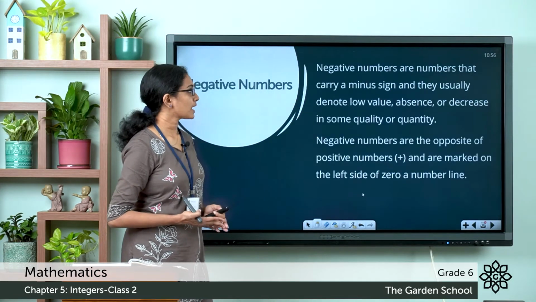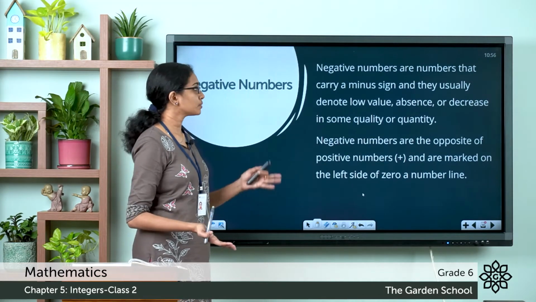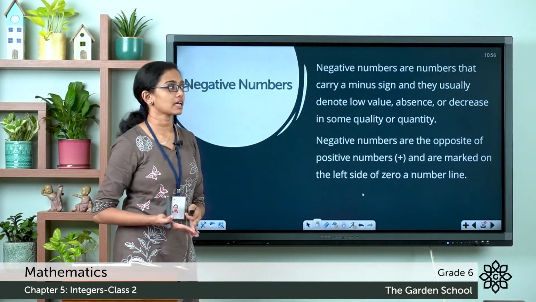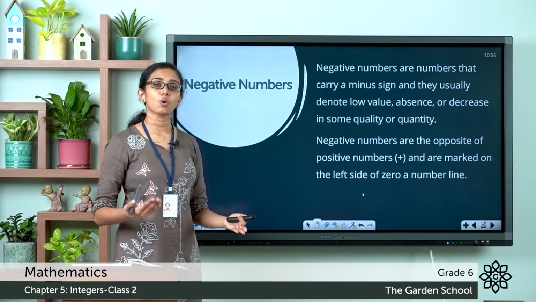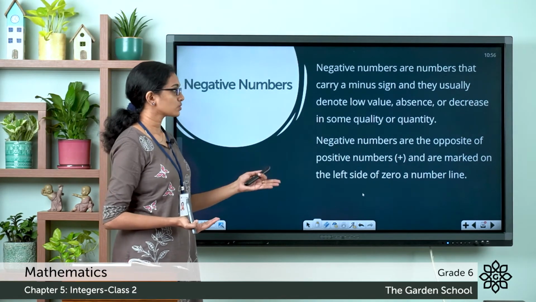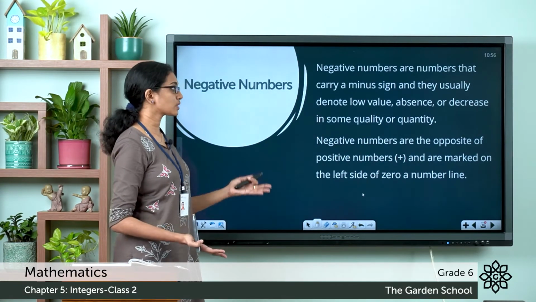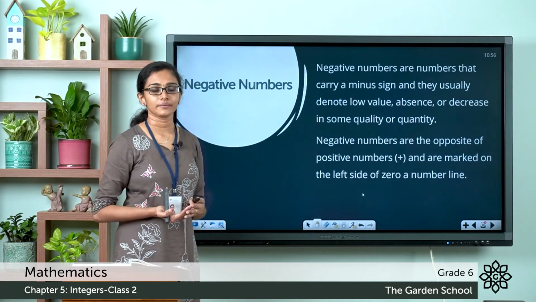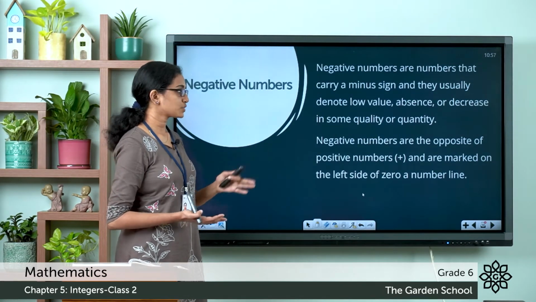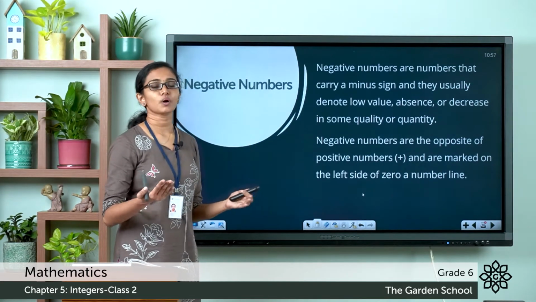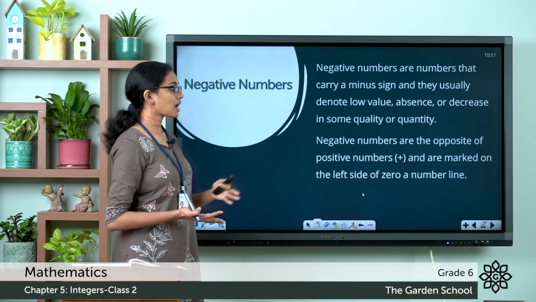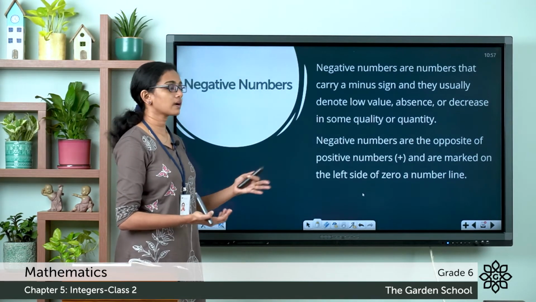Now, keep in mind, negative numbers are numbers that carry a minus sign and they usually denote a low value. And they also denote an absence or decrease in some quality or quantity. And you see, negative numbers are the opposite of positive numbers and are marked on the left side of 0 on a number line.